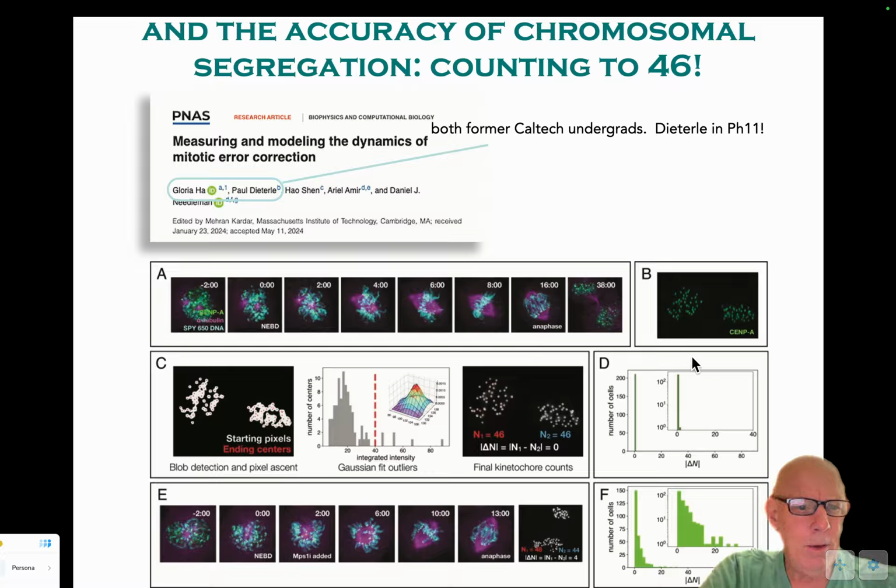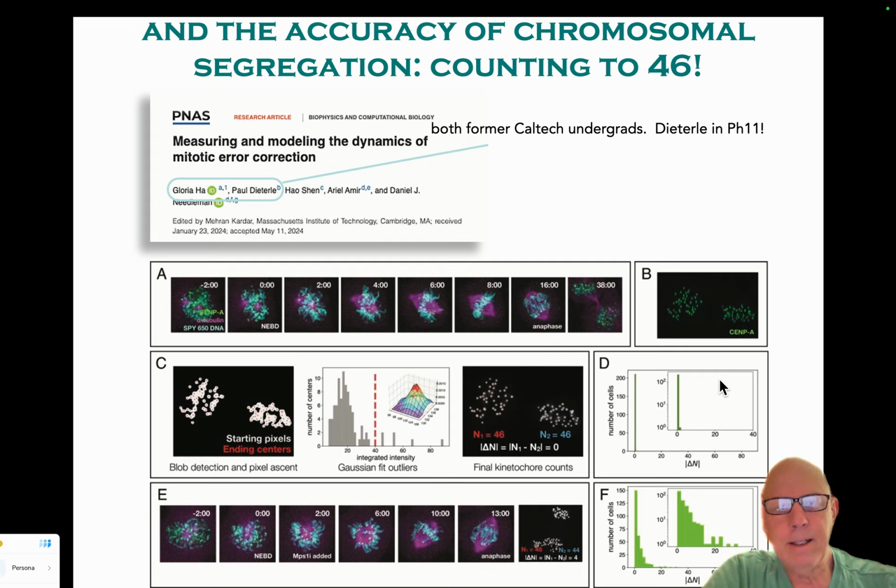All I want you to note is that in part D and in part F, in part D, they're showing the mismatch between how many times there's an error in the number of connections made to chromosomes. What do I mean by that? There need to be 46, not 45, not 47. There need to be 46. And then the cell is licensed to divide.